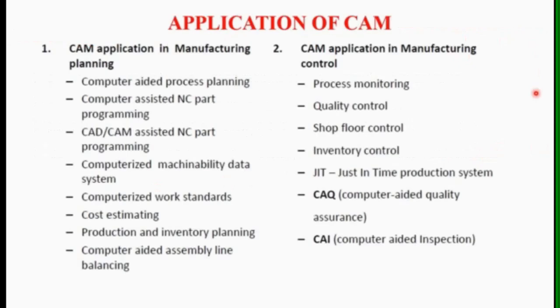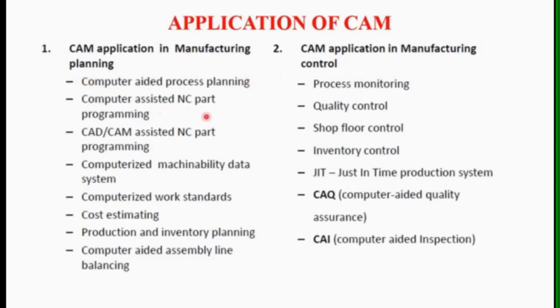Now we will see the application of CAM. Basically, computer-aided manufacturing is used in two phases in the manufacturing industry: first, manufacturing planning, and second, manufacturing control. In manufacturing planning, computers are used to plan, and computer-aided process planning technology is used.